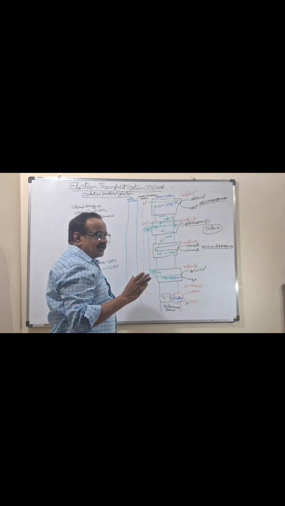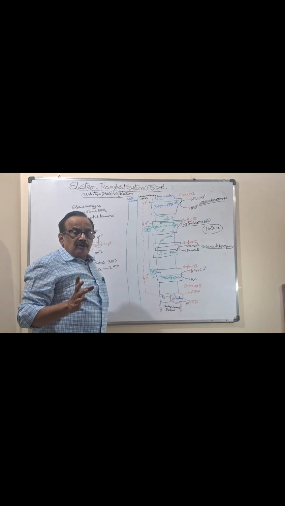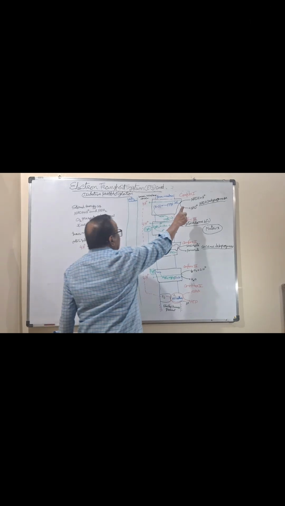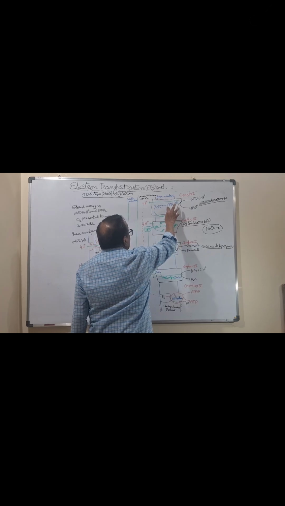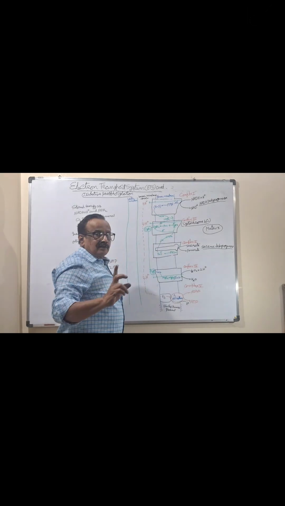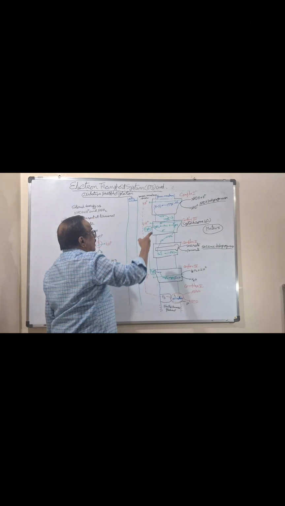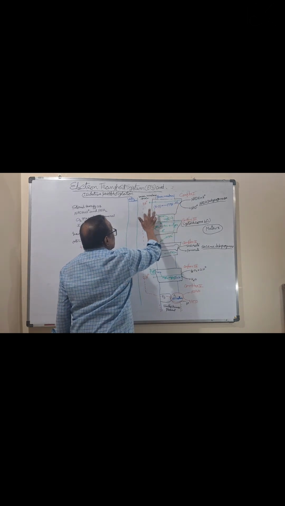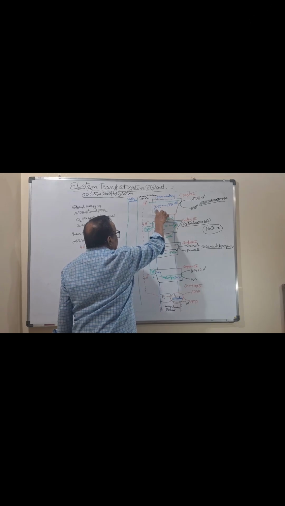So protons are pumped when NAD is oxidized by the FMN, and the electron energy is used for the pumping, 4 protons from the matrix to the inner membrane space, and electrons pass from FMN to the iron sulfur complex.